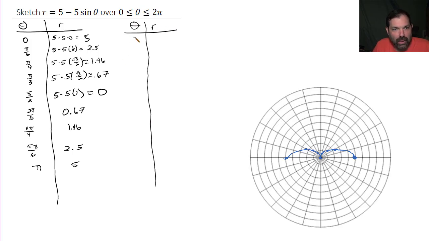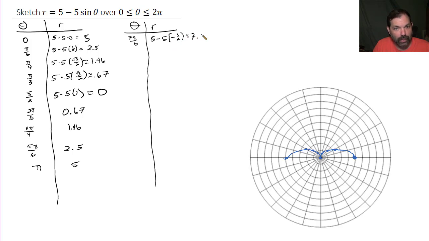All right, so my next nice point would be 7 pi over 6. At 7 pi over 6, the sign is negative, right? Because I'm in quadrant 3 now. So the sign is negative. So this would be 5 minus 5 times negative 1/2. So that's 5 plus 2.5.